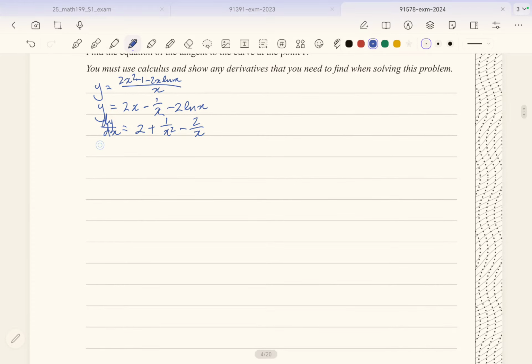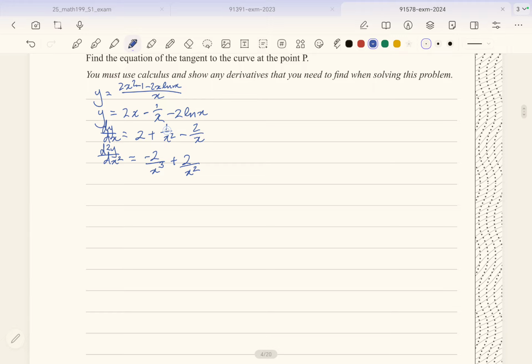Alright? Now, we're going to get our second derivative, d squared y by dx squared. That is, 2 goes away, 1 over x squared becomes negative 2 over x cubed, plus 2 over x squared.